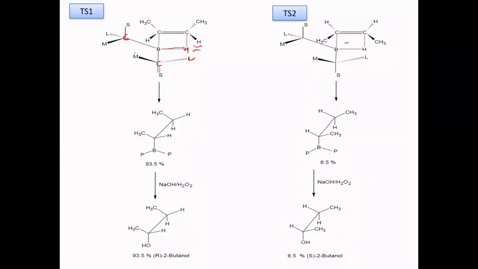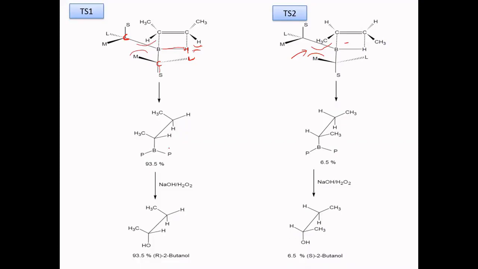But there is interaction between this medium size group and this proton. You can see in transition state 1, this medium group is coming in steric interaction with this proton, whereas in transition state 2, this medium size group is coming in interaction with the methyl group. And this has more steric interaction or steric crowding, as a result of which this approach is very difficult.